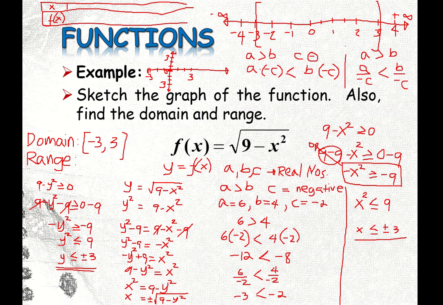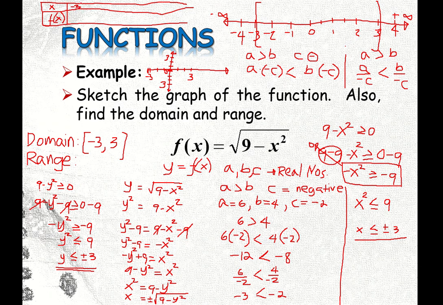So x equal to, say, negative 3, using y equal to f of x equal to square root of 9 minus x squared.